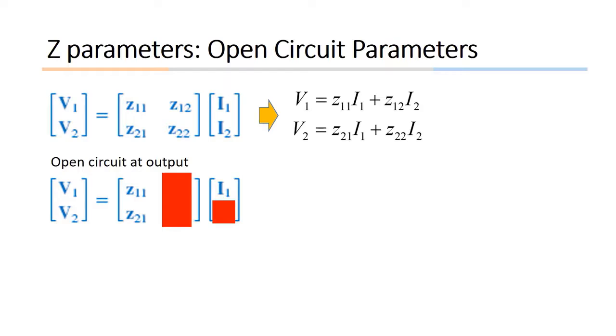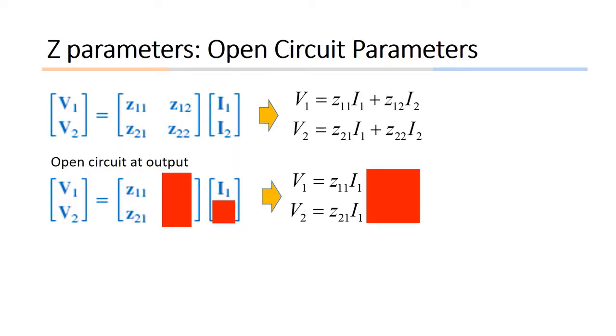So wherever the second column of the Z parameter becomes 0, that will give you the equation V1 and V2 only in terms of I1 values multiplied with the Z values. So therefore, you can obtain Z11 and Z21 by simply evaluating the values of V1 and I1.